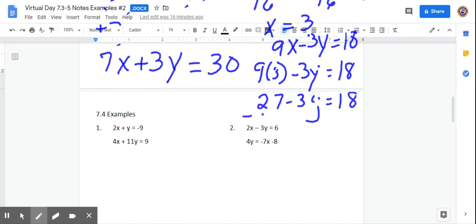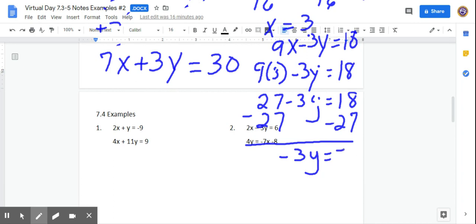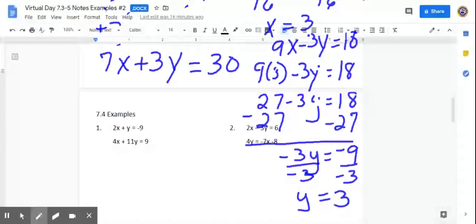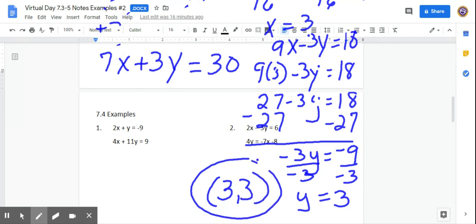You're going to subtract 27 from both sides, and you're going to get negative 3y equals negative 9. Then you're going to divide by negative 3, and y equals 3. So your ordered pair, your point of intersection, your solution is 3, 3.